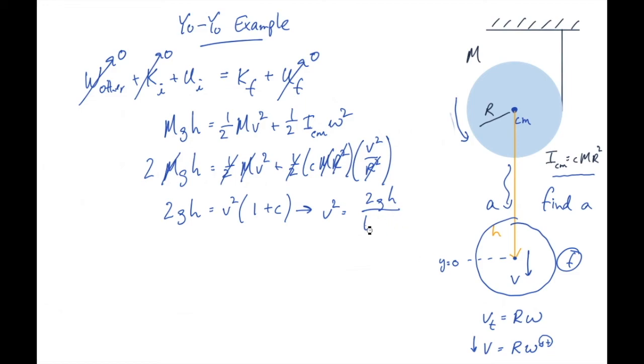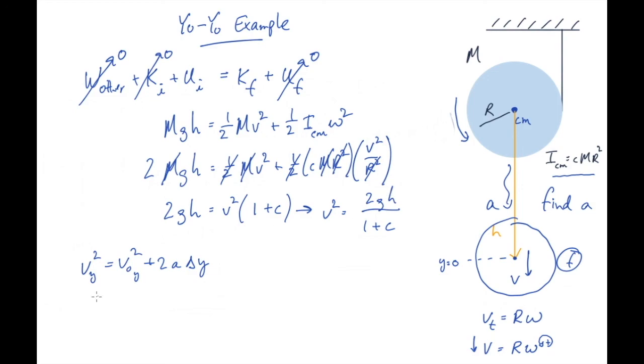Now what we found here is the yo-yo's speed, really the square of its speed, at the bottom. But what we want to know is its acceleration. So the yo-yo fell through a distance h at constant acceleration, acquiring this final velocity squared. We'll find the acceleration using kinematics. The time-independent kinematic equation tells me that vy squared is v naught y squared plus 2a delta y. Now vy squared is the final y component of velocity.